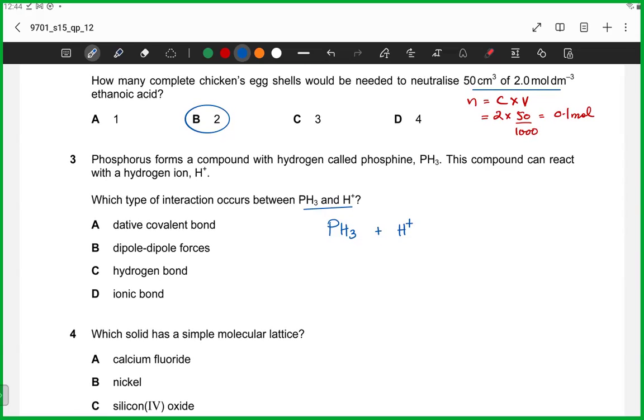Is it, what's it called, a dative covalent bond? You know why? Because your PH3 molecule has a lone pair, and your H+ is going to come in and form a dative bond with that lone pair. So it's going to be a dative covalent bond, right?